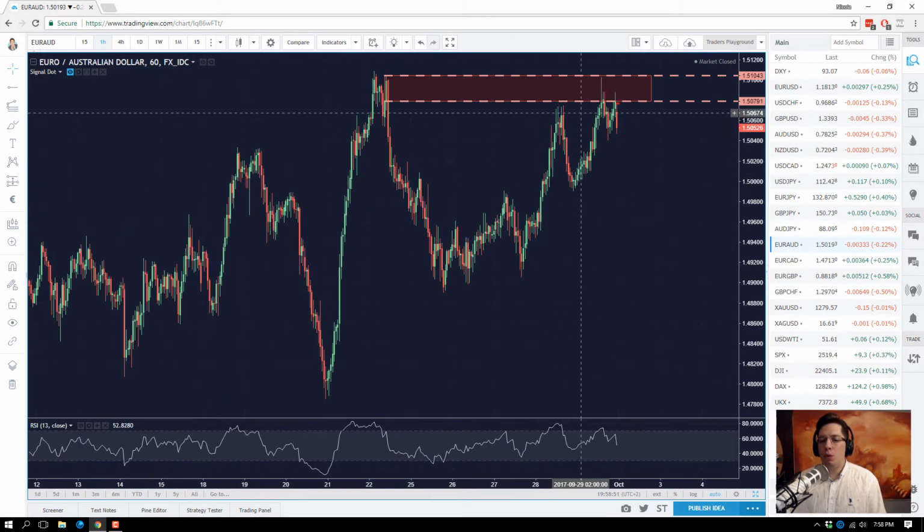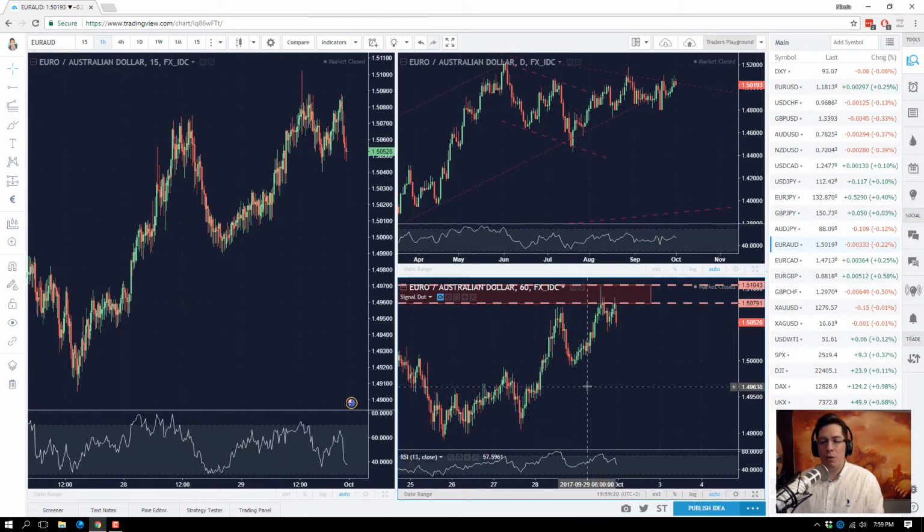I really want to wait for the data from Australia in 2 days, and after that I want to see if we maybe see some flag move here or triangle that would allow me to buy. But definitely waiting for the news and trading after the news would be much better than just trading right now, especially if you are new to trading.